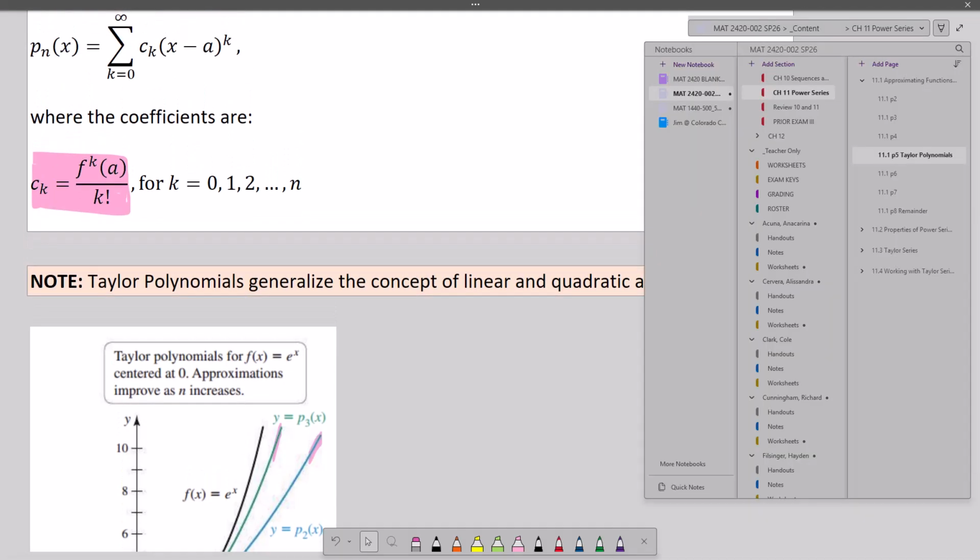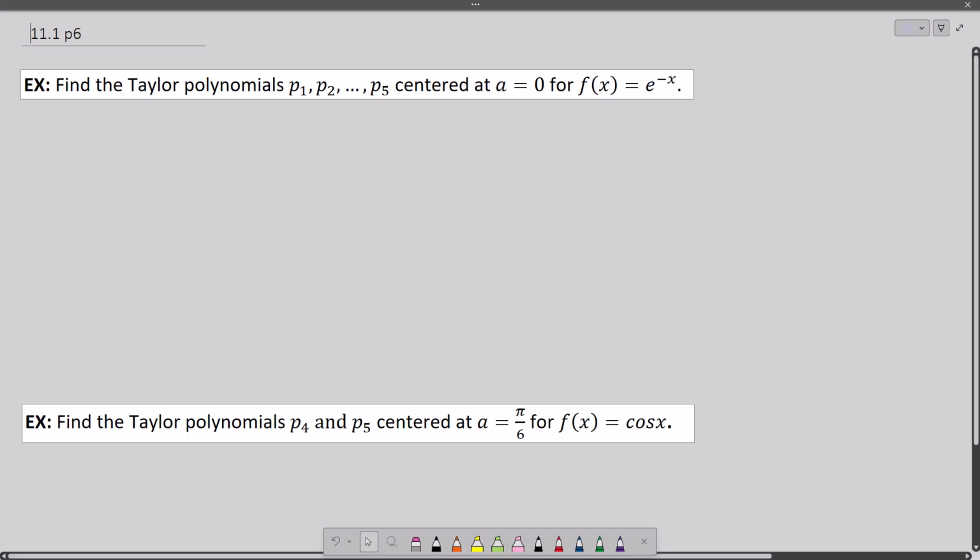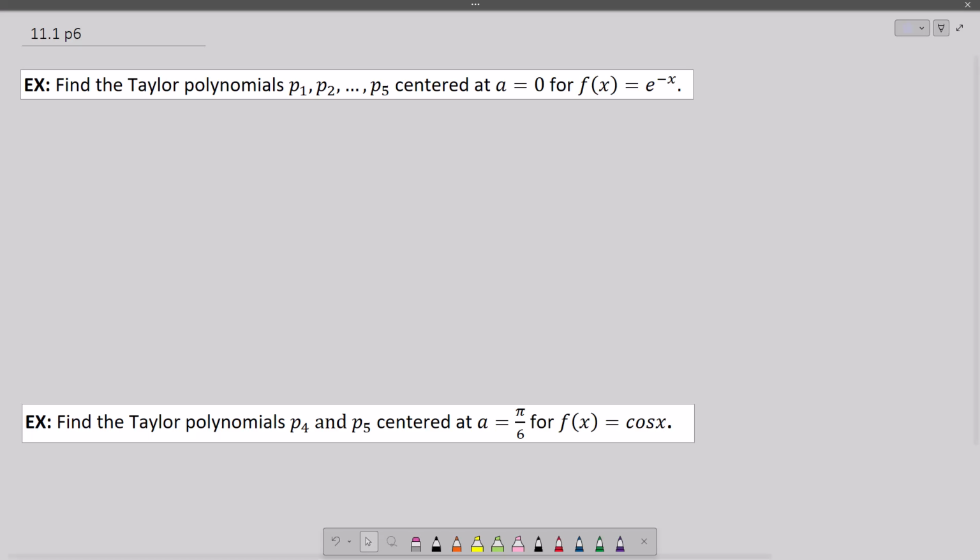All right, you all try this one. I want you to do P sub 1 and P sub 2, and then we'll do P sub 3, 4, and 5 together. So see if you can do P sub 1 and P sub 2 for that e to the negative x.